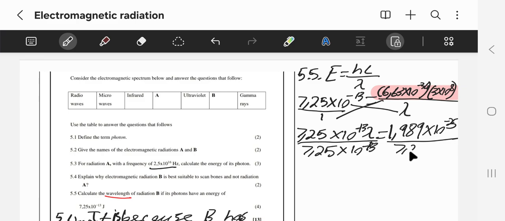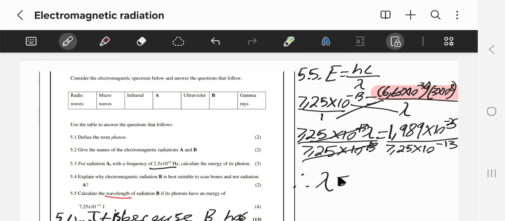I have to divide by this on both sides. These are going to cancel. Therefore, my wavelength is going to be equal to, now what I'm going to do, guys, is take all of this and put it on the calculator exactly the way it is.